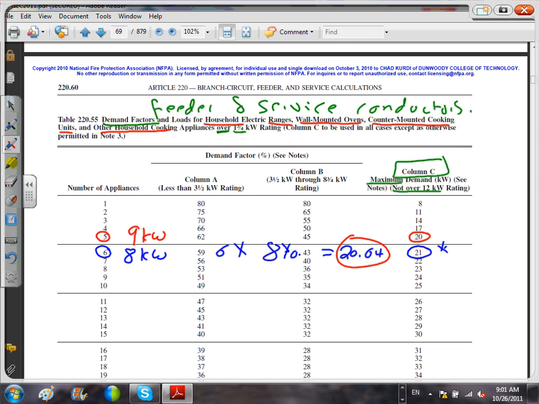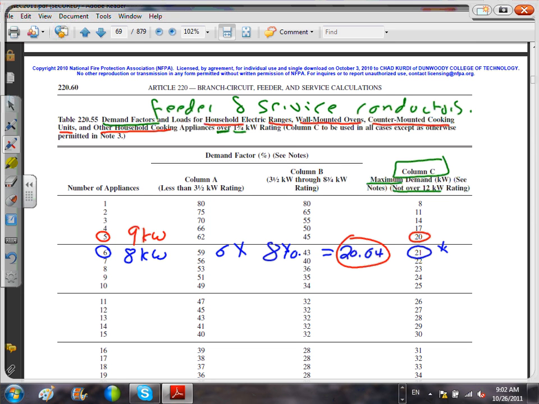We pick the best demand, which is a smaller number. You do the calculation and pick the smallest number, because that gives me the lowest demand, the more cut.